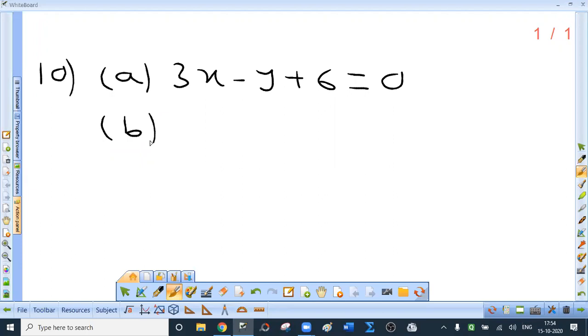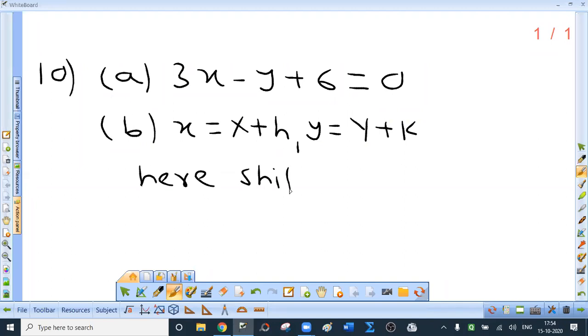Write down. Formulae for shift of origin are small x equal to capital X plus h, small y equal to capital Y plus k.